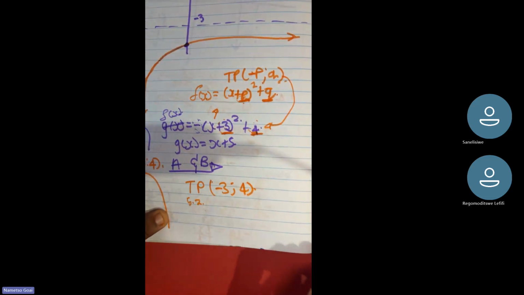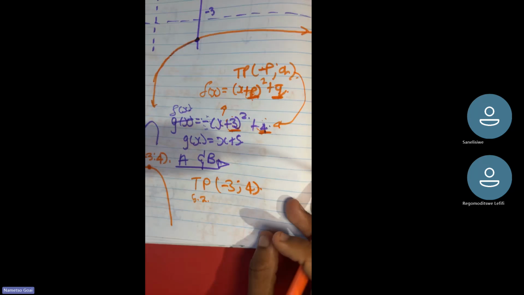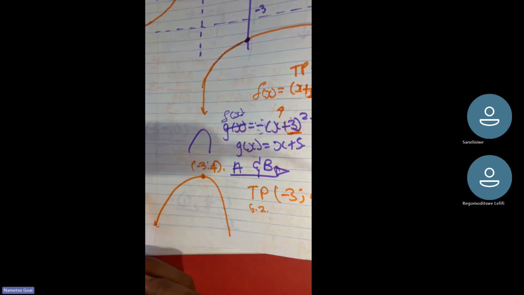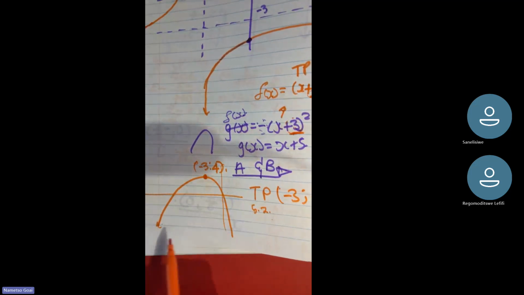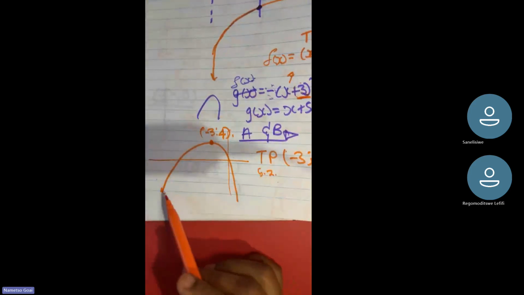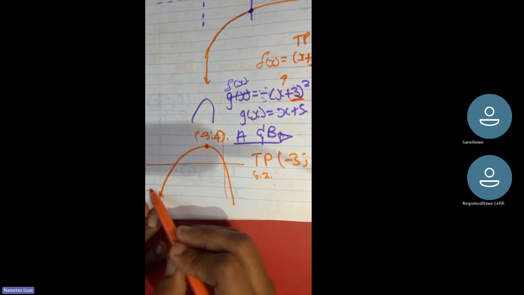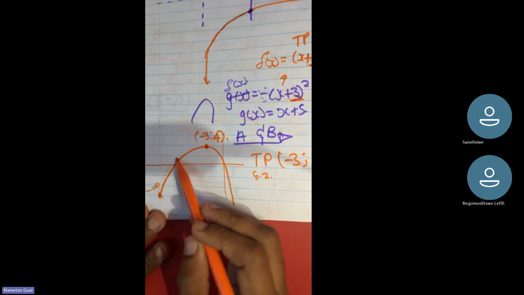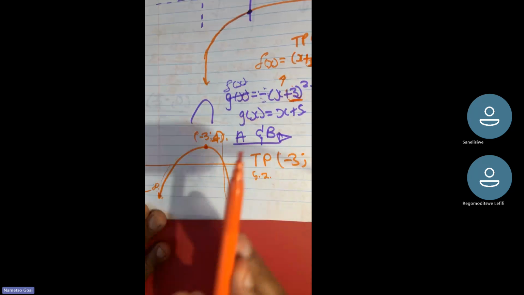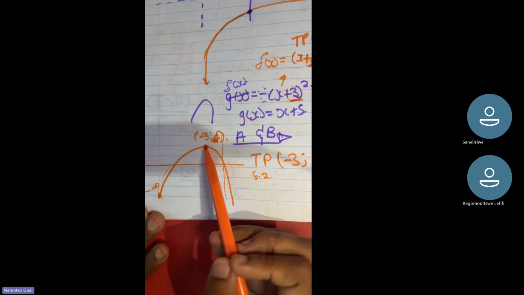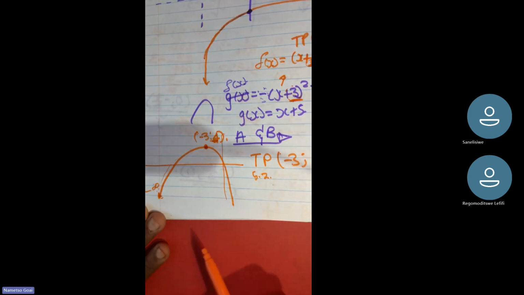5.2, they're saying write down the range of f. So we can see that this graph, it's coming from where? Because it looks something like this, right? It's coming from negative infinity, and then hits positive 4, because remember, we're just talking about the y's because we're talking about the range. Hits the positive 4, and then it decreases once more, right?